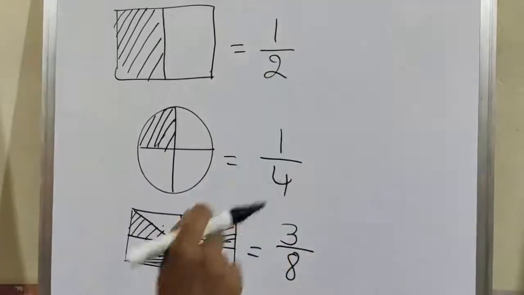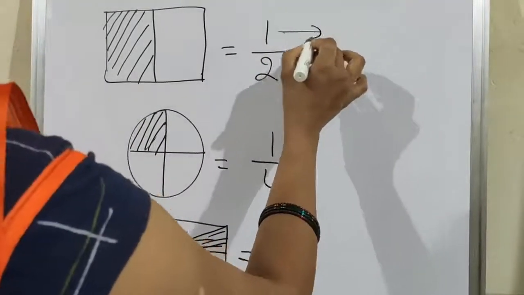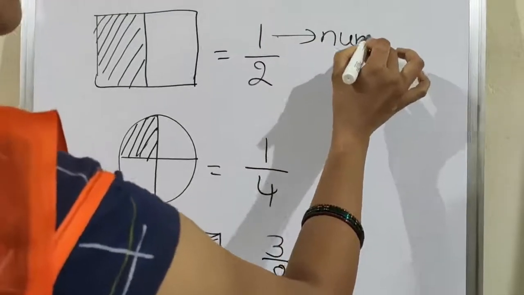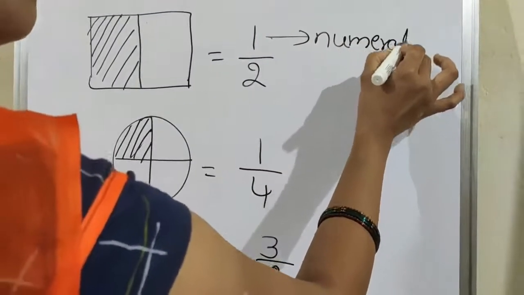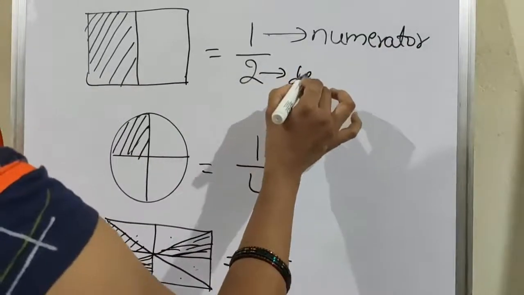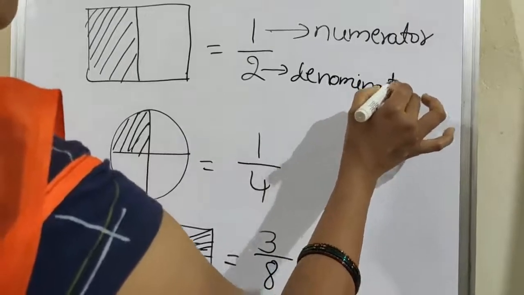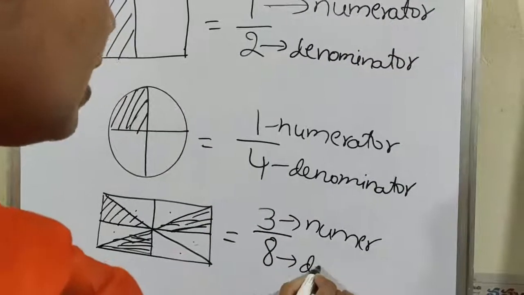These are all fractions. In fractions, the top number is called the numerator, and this is called the denominator. 8 is called the denominator.